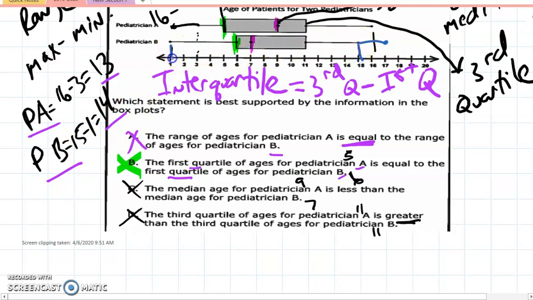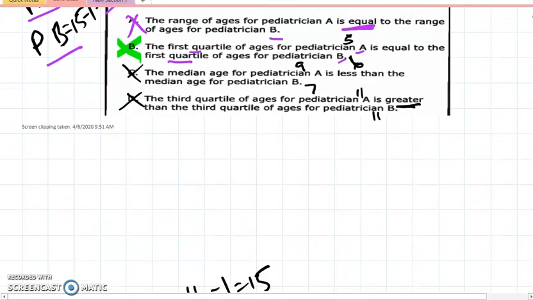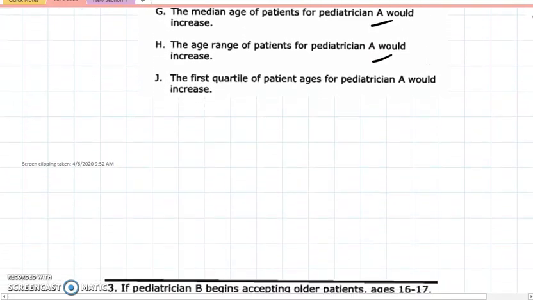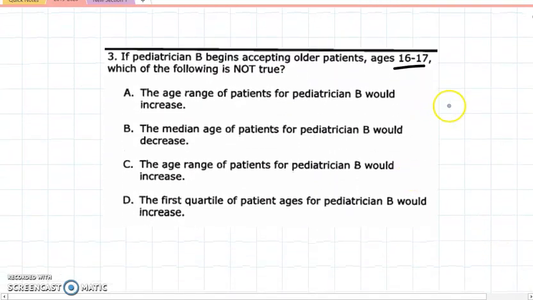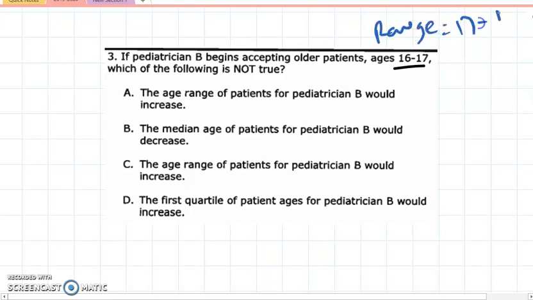But now he's going to have new patients that can be 16 or 17 years of age. Now 17 is the max and the minimum is still 1. So now his range would be 17 minus 1. How does that change?